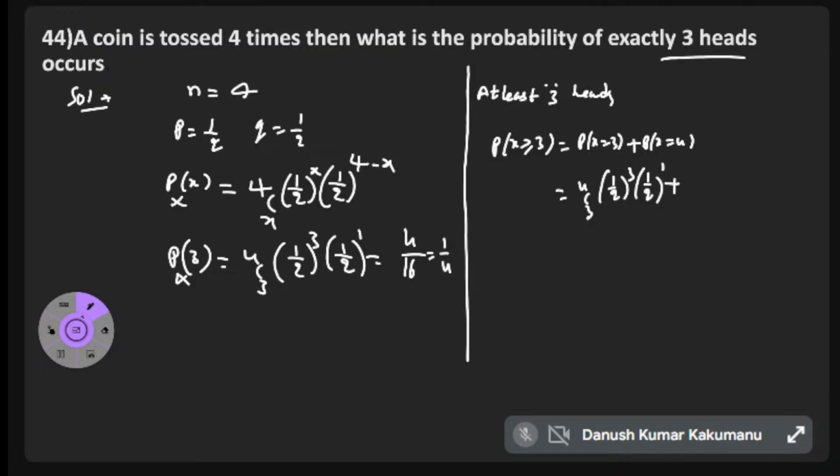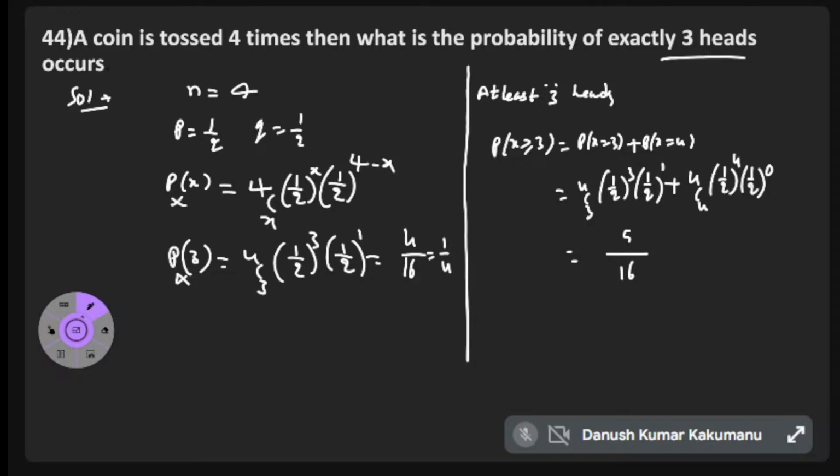Let's put x equal to 4: 4C4, 1 by 2 to the power 4, 1 by 2 to the power 0. Simplify this. 4C3 is 4, and 4C4 is 1. So 4 plus 1, 5 by 16. Yes or no? This denominator is 16, and this denominator is also 16. 5 by 16 is the answer.